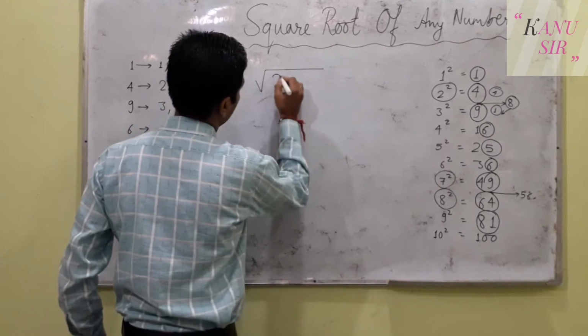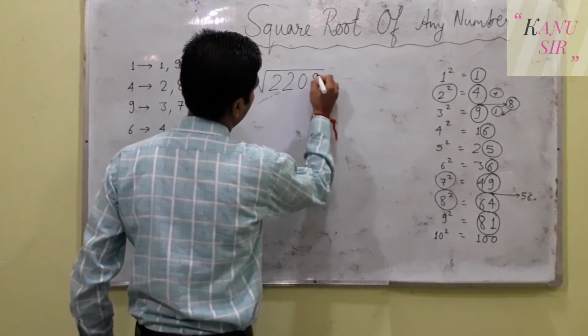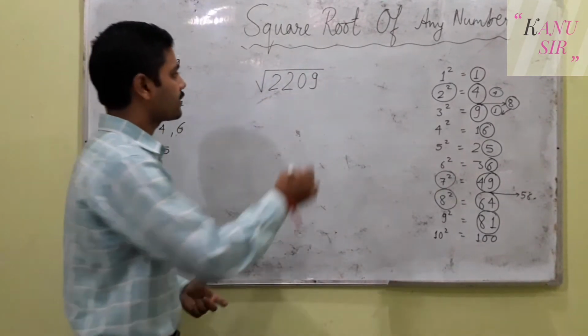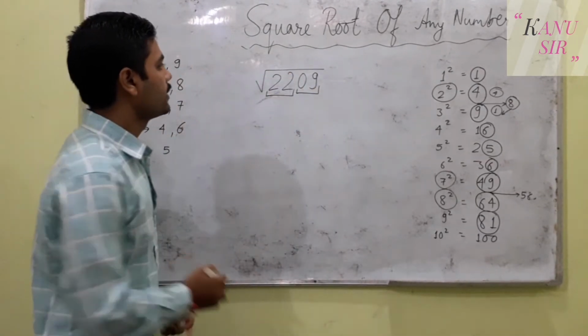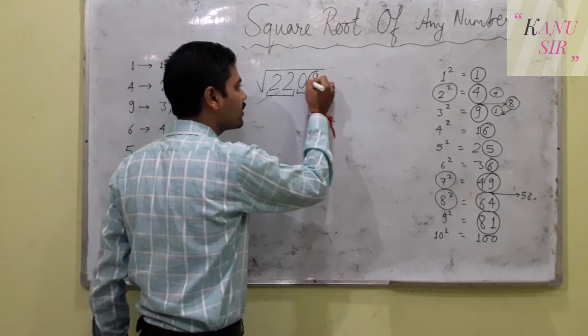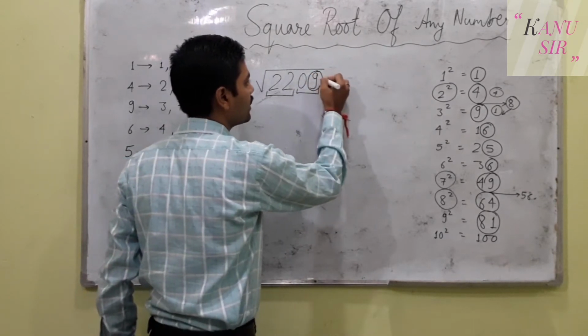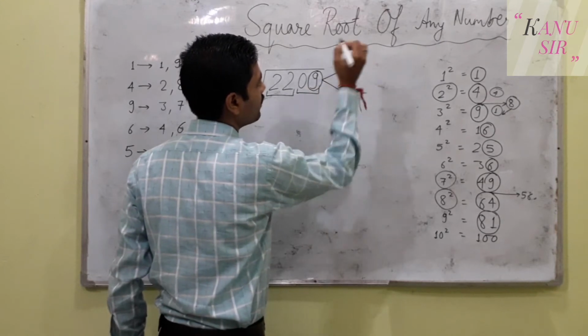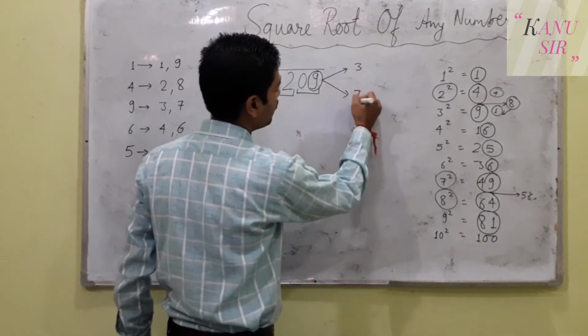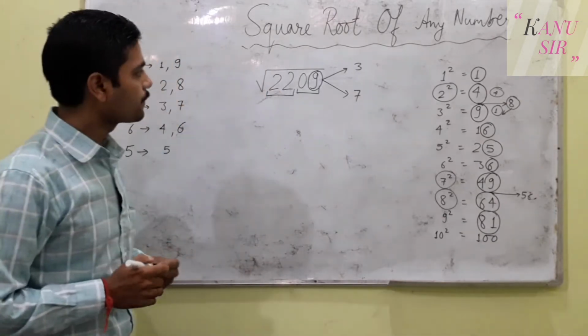Root 2209. One more time, let us break the number into two parts, that is 22 and 09. By observing 9, you can see the last digit in the number is 9. It means either it is the square of 3 or it is the square of 7.